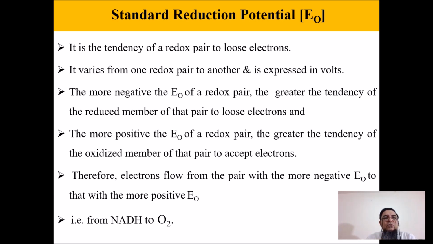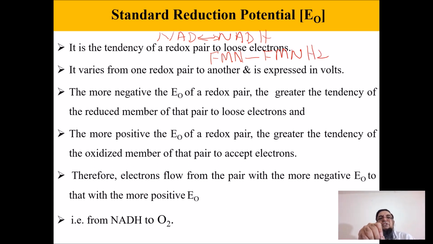Like we saw in the previous slide, redox pairs are NAD, NADH, FMN, FMNH2. These are the redox pairs, and they have a standard reduction potential. So what is this standard reduction potential? It is the tendency of a redox pair to lose electron. It varies from one redox pair to another, and it is expressed in volts.